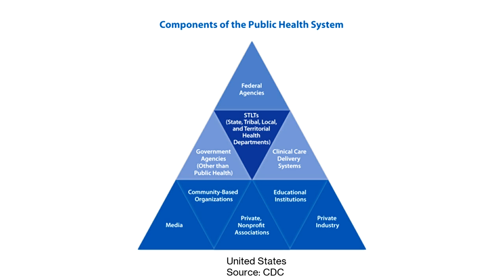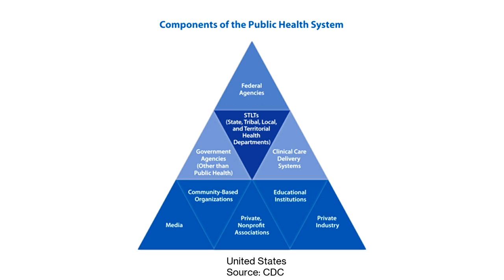So let's take a look at the components of the public health system. This triangle here is taken from the Centers for Disease Control in the United States, but most developed nations have something very similar with federal agencies, government agencies, clinical care delivery systems, community-based organizations, state, tribal, local, and territorial health departments, and a variety of different organizations that fit into this.